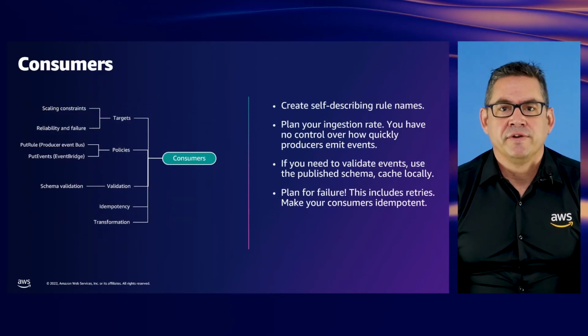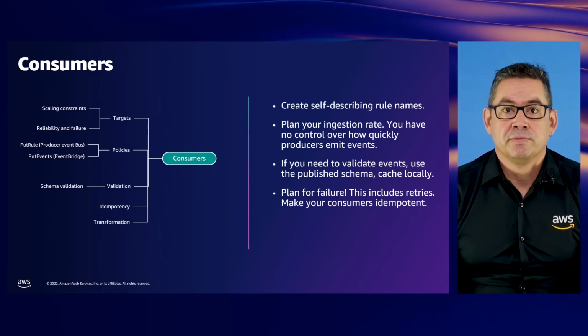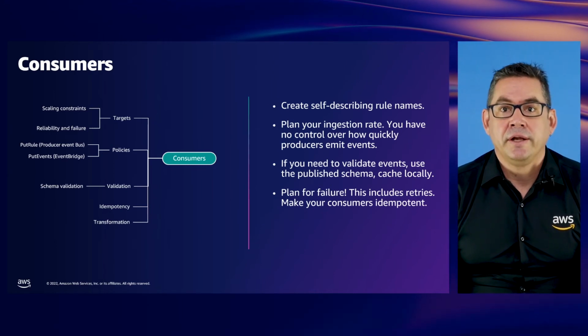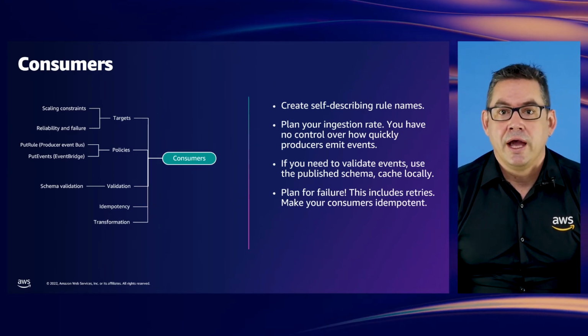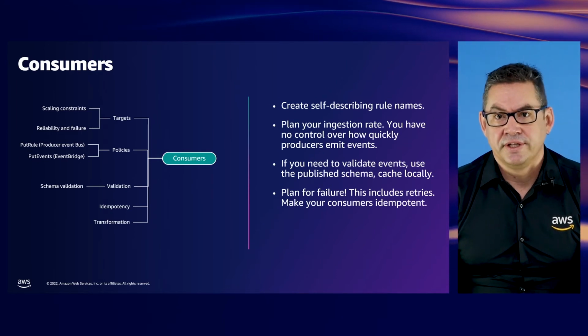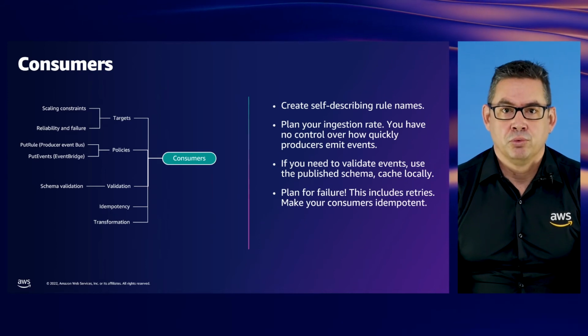Just like the naming conventions are useful for events, the same is true for the rule names that consumers put on an event bus. Again, consistency is key here, and coming up with some conventions around how you name rules will make managing them a lot easier. As an example, you may use a consumer's domain name as a prefix to the rule.